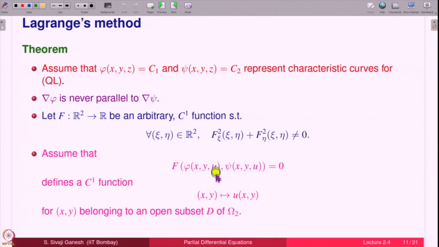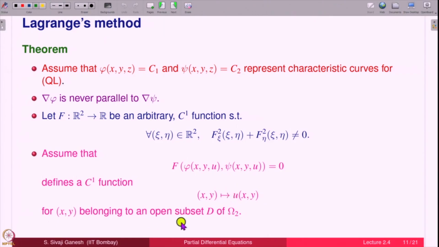U can be solved in terms of the other two variables, for x y belonging to some open subset of omega 2. As usual, we do not demand that everything should happen on omega 2, because typically the existential result which deals with such assertions is the implicit function theorem. That is once again a local theorem.